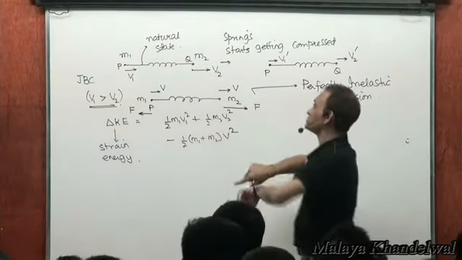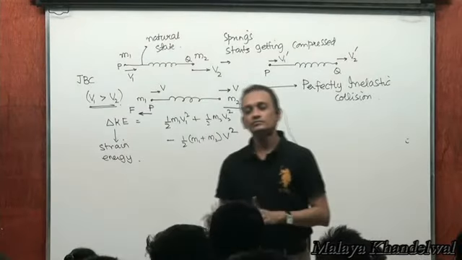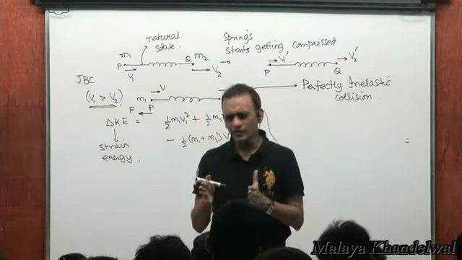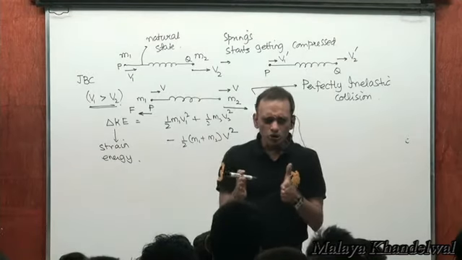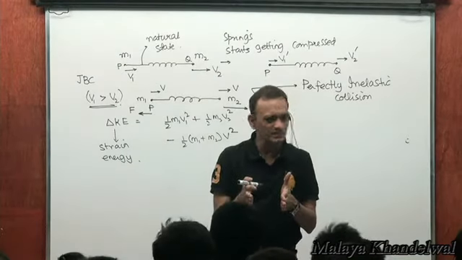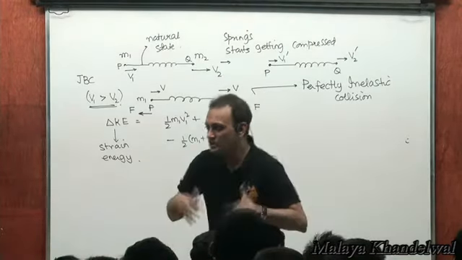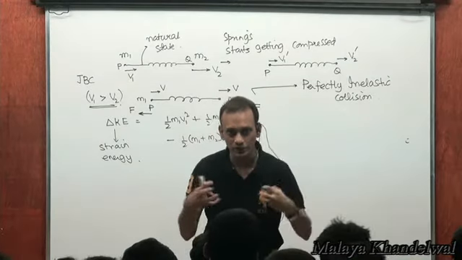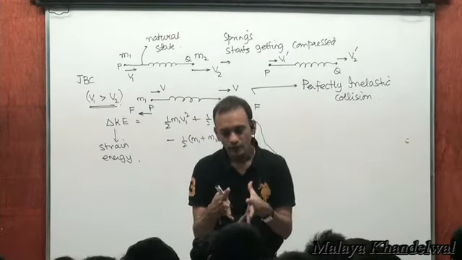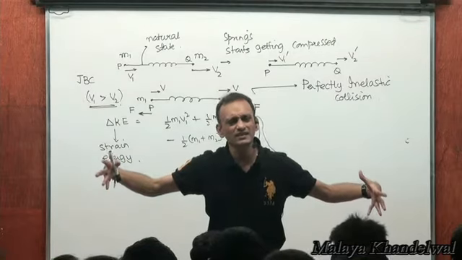Now the other possibility, where the spring says, all right, I've got compressed by 3 centimeters. I mean, just to represent what's happening in the deformation, right? Now, I can't give back the entire 3 centimeters.